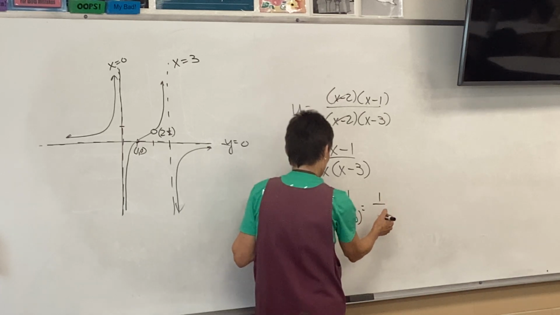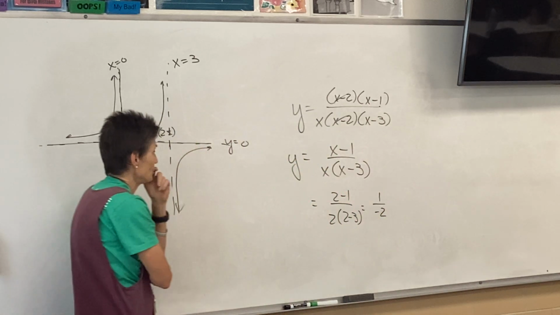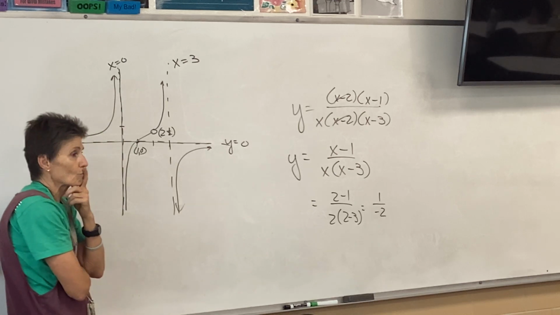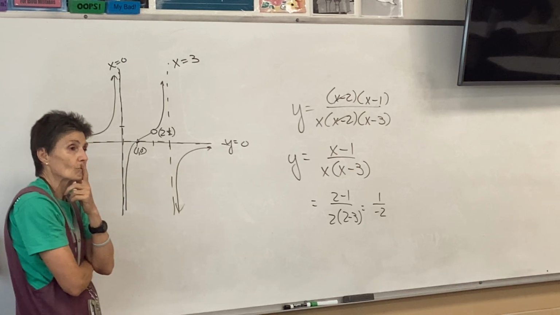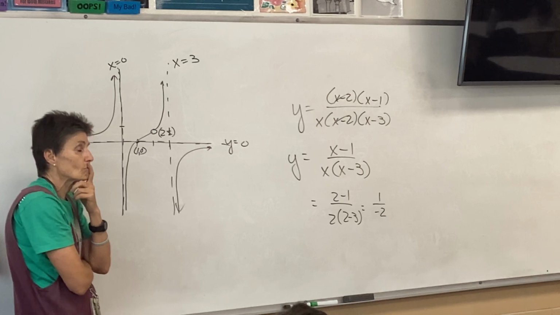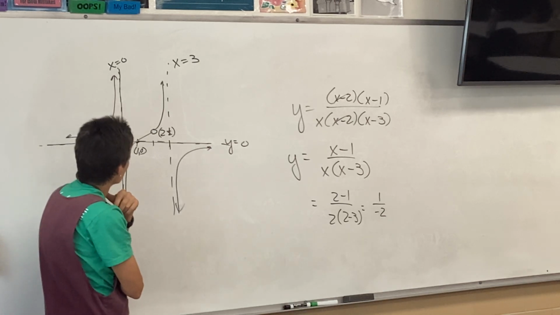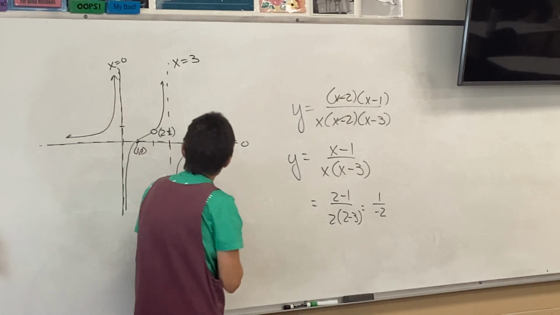A 1 over negative 2. Oh, shooty tooty. You have to square the x minus 3. We're gonna square x minus 3. Oh wait, never mind.